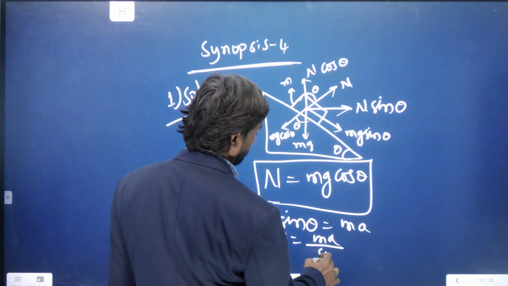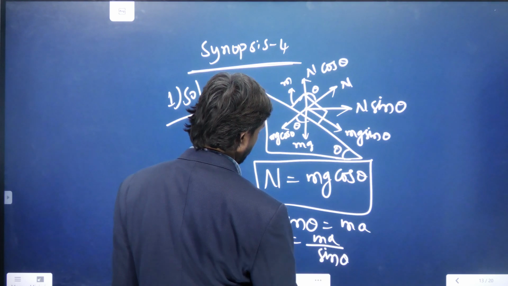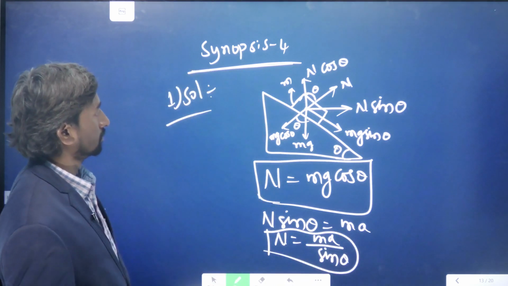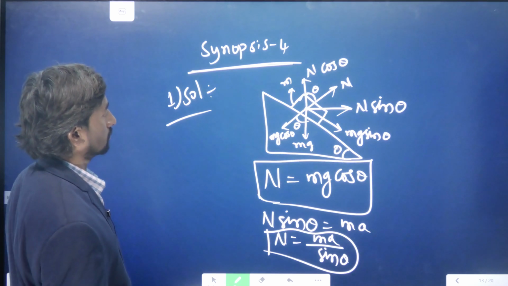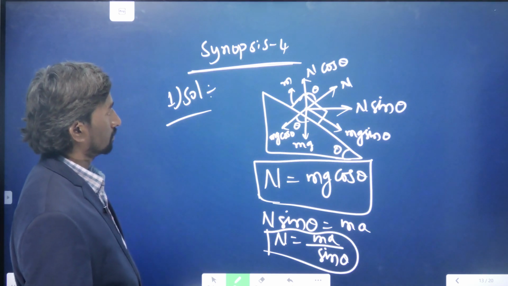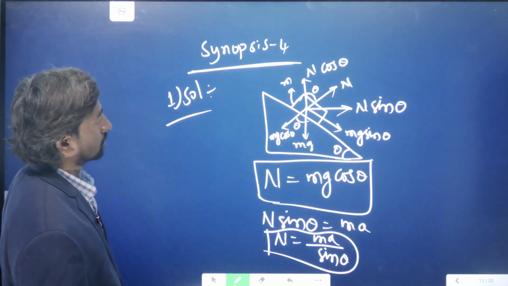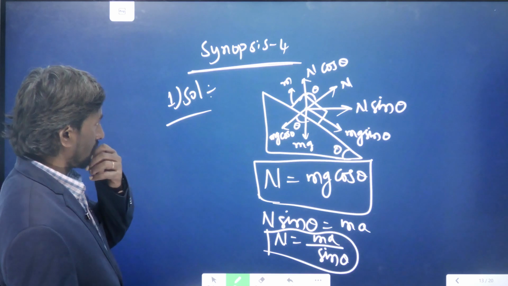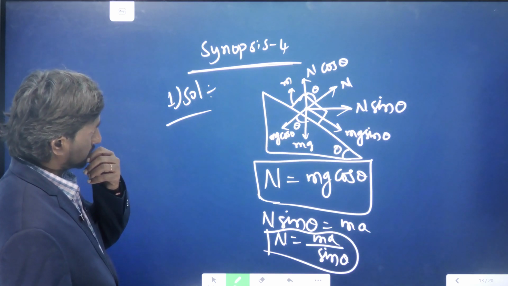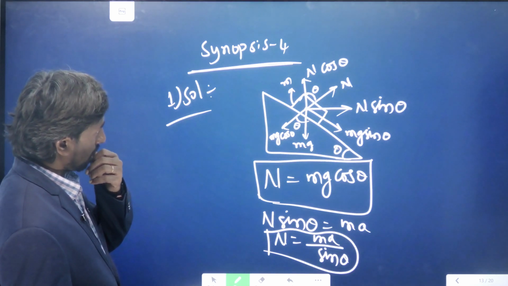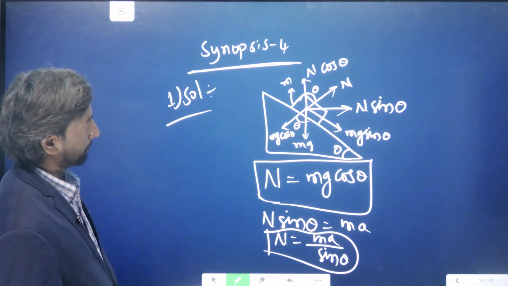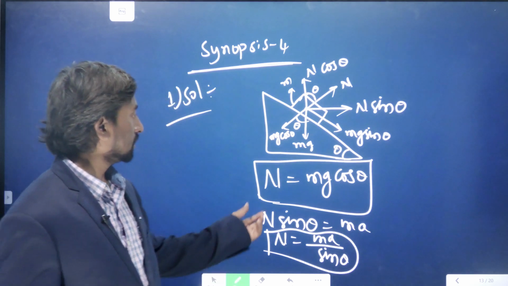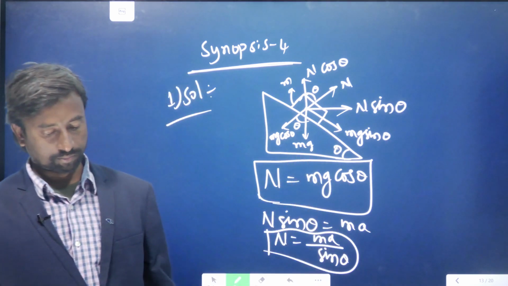Okay, so N is equal to mg cos theta will be the answer.